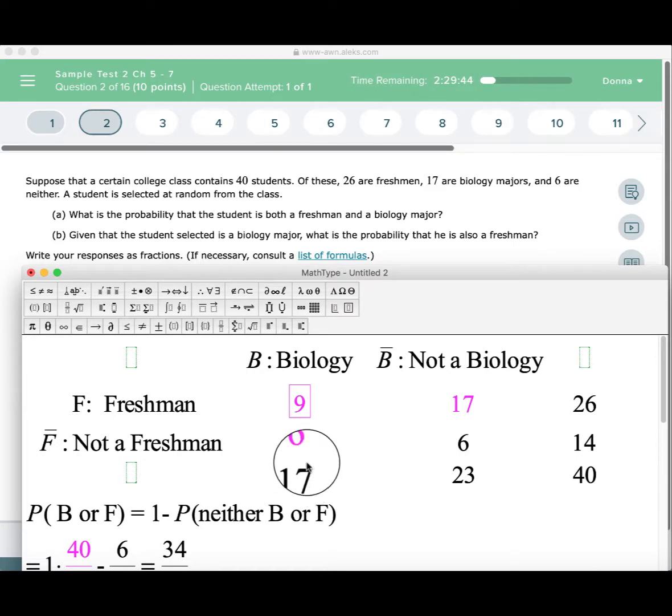So now looking at our table, we can see that if we take OR, which is the probability of being a biology major or a freshman, biology major is going to be this column here. We'll call this Biology Boulevard. And we'll call this Freshman Avenue.